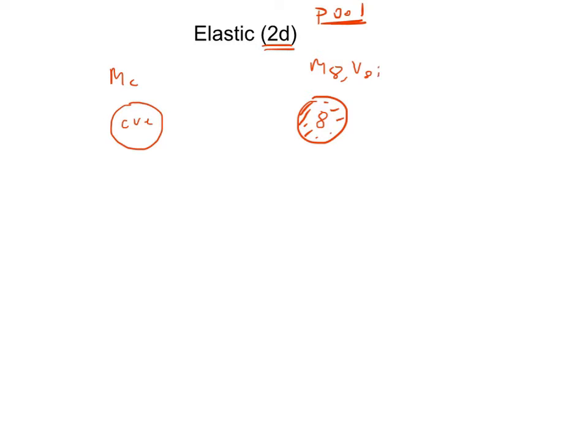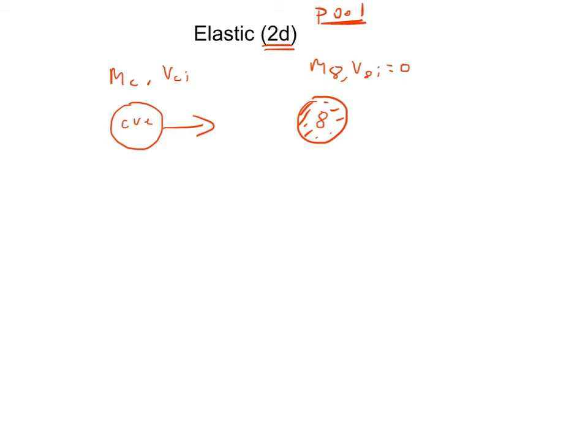Let's consider a classic two-dimensional elastic collision. So we've got a cue ball that's going to hit into our 8-ball. This is a pool game. Hopefully you've all played pool once in your life, and if you're hitting at the 8-ball, that means that you're about to either win or make a go at winning the game. So let's see, we've got the mass of the cue ball, mass of the 8-ball, 8-ball sitting there, so the initial velocity of the 8-ball is 0, and the cue ball has some initial velocity going towards the 8-ball.